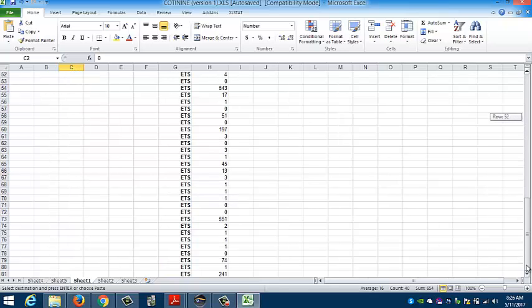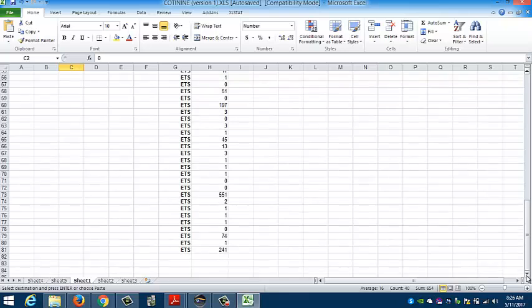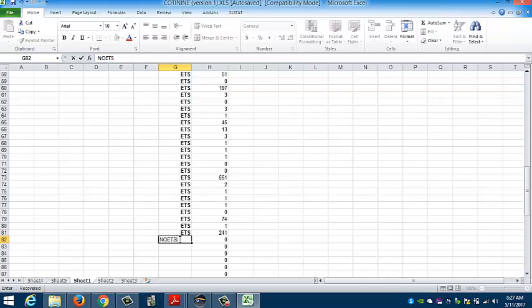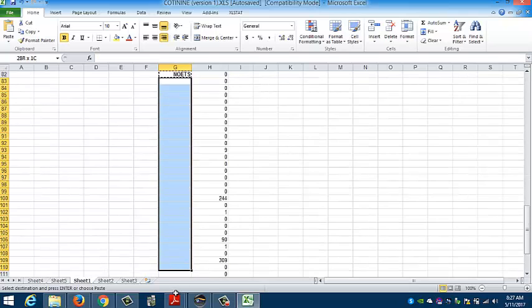And I'll go all the way to the bottom. And there it is. Oh, I have to type in NOETS, no exposure to smoke. And let me copy that all the way down. And so I have a huge column.